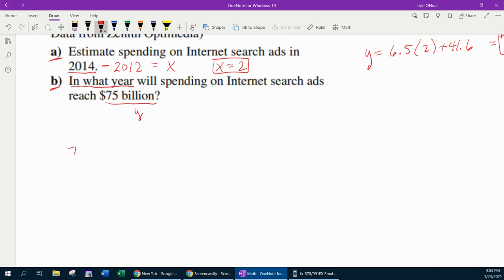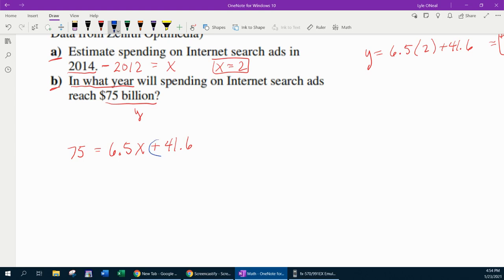Y, this time, is 75. And you don't have to put all the zeros for billion because Y is represented in billions. So just 75 means 75 billion equals 6.5x, where X stays X because that's what I'm solving for, plus 41.6. Now if I solve for X, I'll know when this will happen.